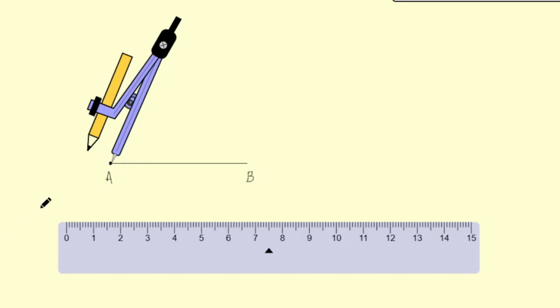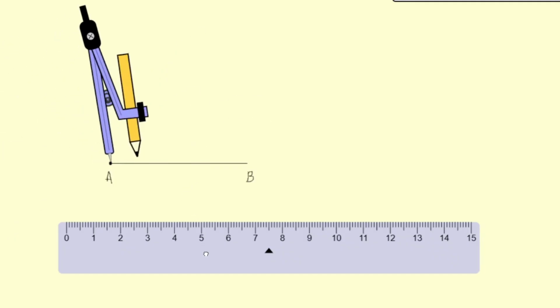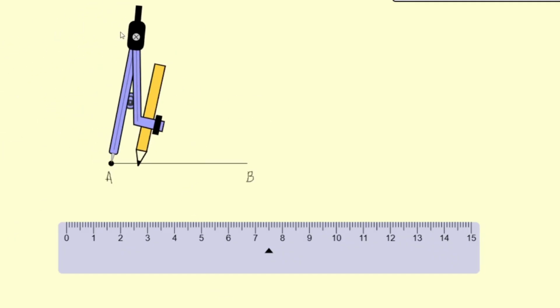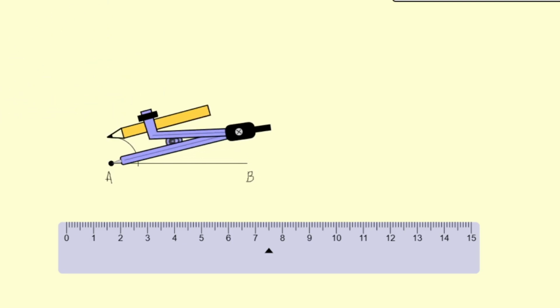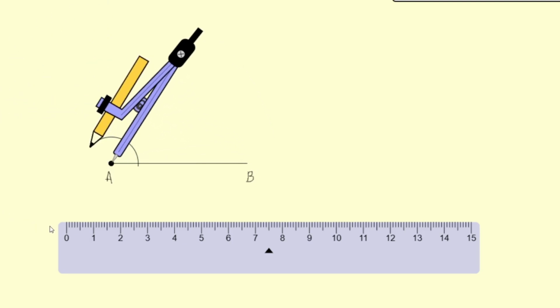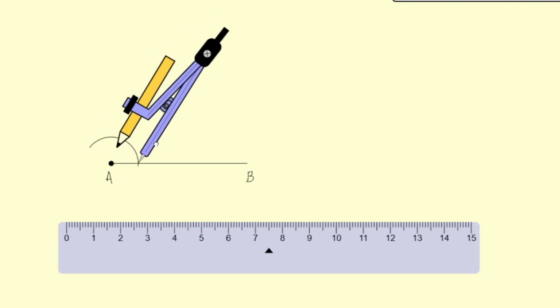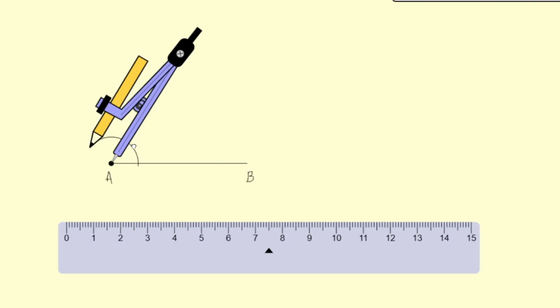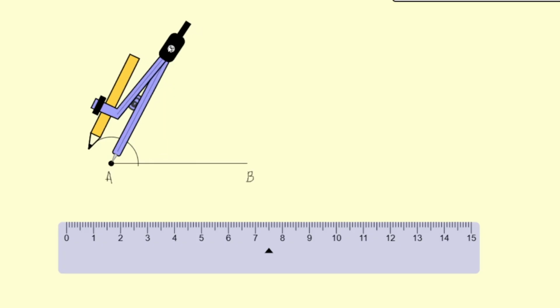All right, so let me do that again. So from under the line, and then we scribe, take our time, and we stop about there. All right, now let me just go over a little bit more.